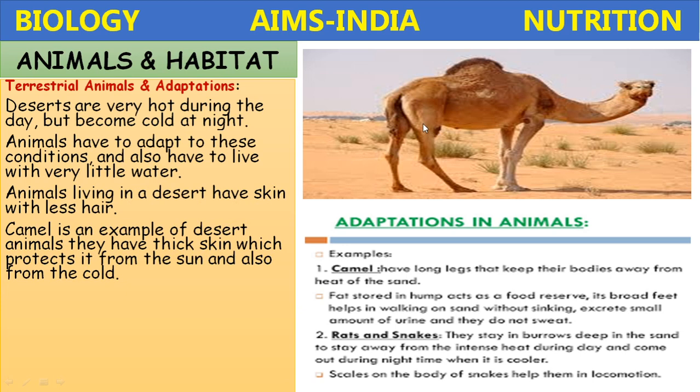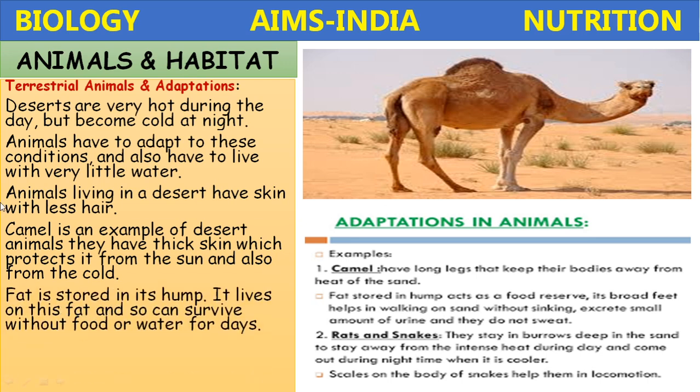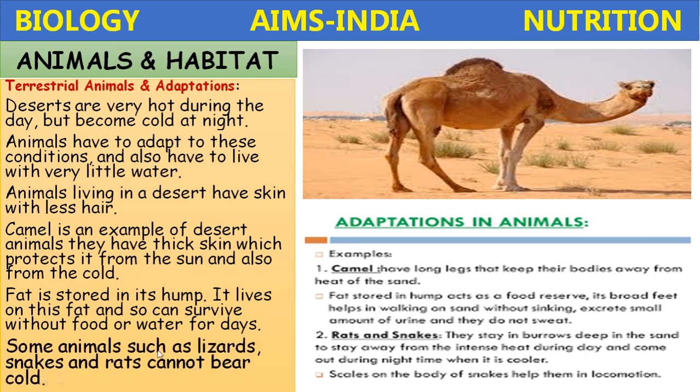For example, camel. A camel has thick skin which protects it from sun and also from the cold. The fat is stored in its hump, and it lives on this fat and so can survive without food or water for many days.